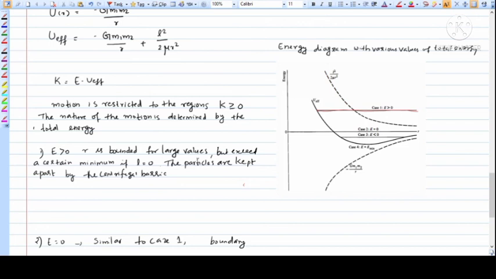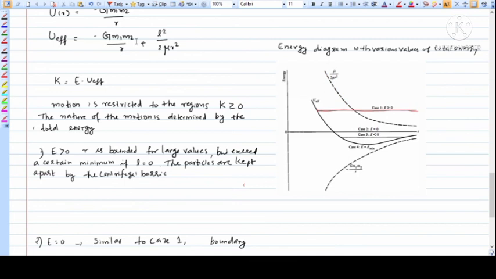R is bounded for large values but exceeds a certain minimum if L is not equal to 0.